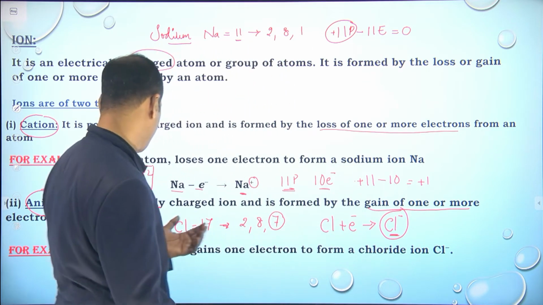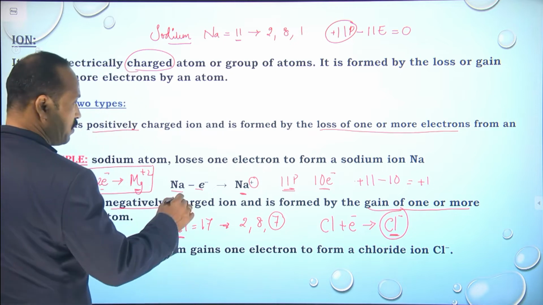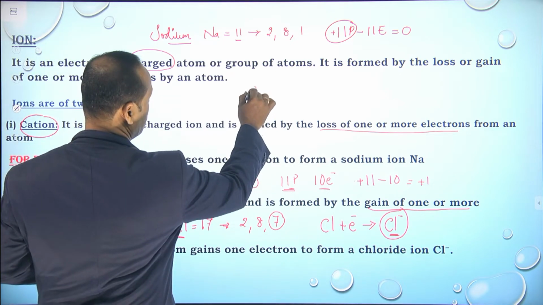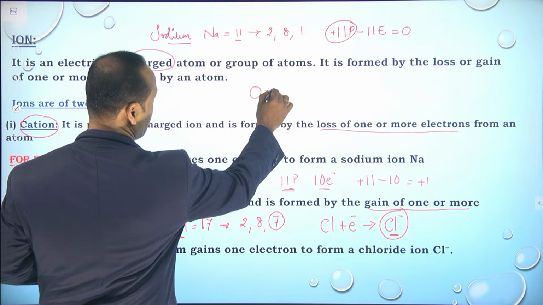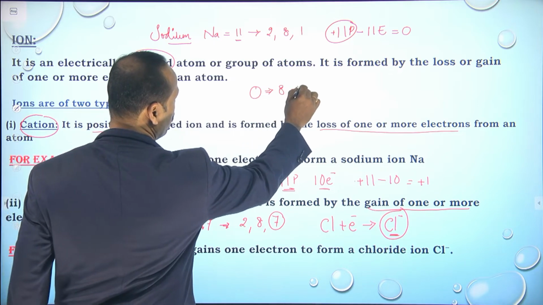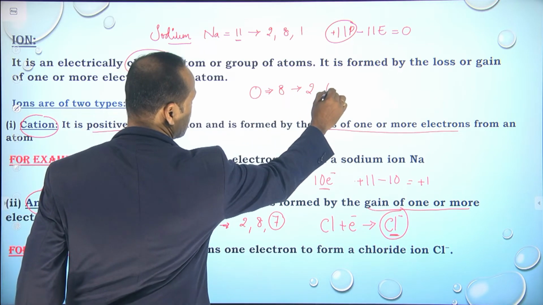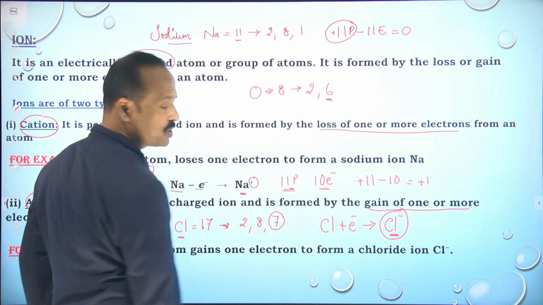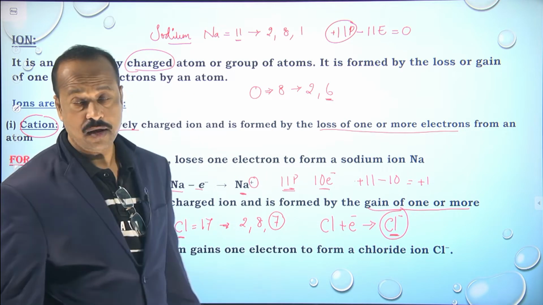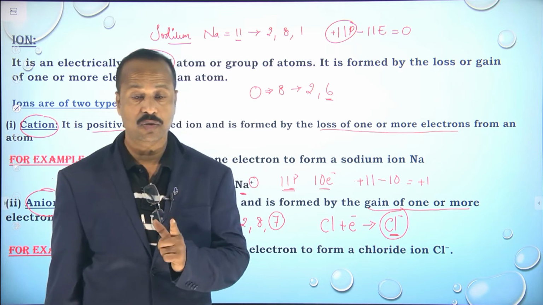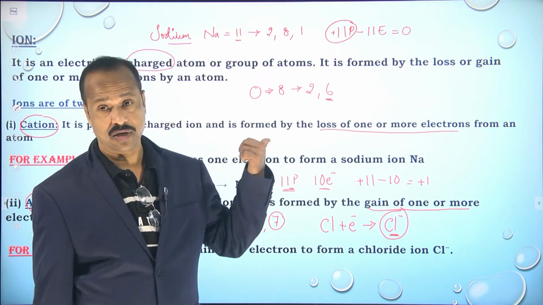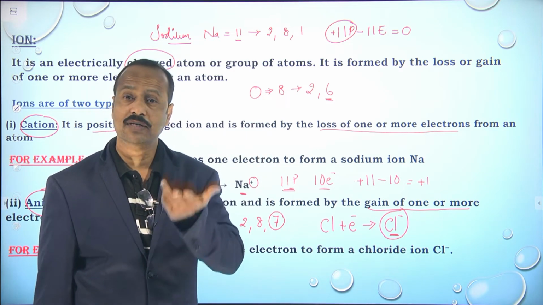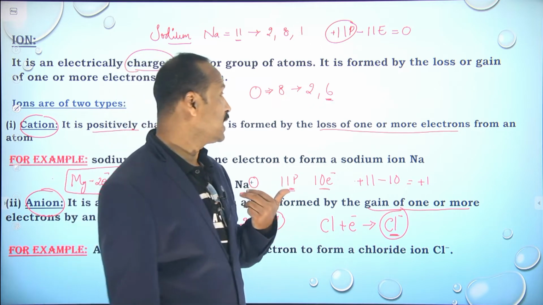Similarly, for example, you take oxygen. Here I am writing oxygen. Oxygen's atomic number is 8. The electronic configuration we write is 2, 6. So here also, in the outermost shell only 6 electrons are there. But I said that 8 electrons should be there to attain stability. But only 6 are there. So to attain stability, it requires 2 more electrons, right? So it will take 2 electrons.